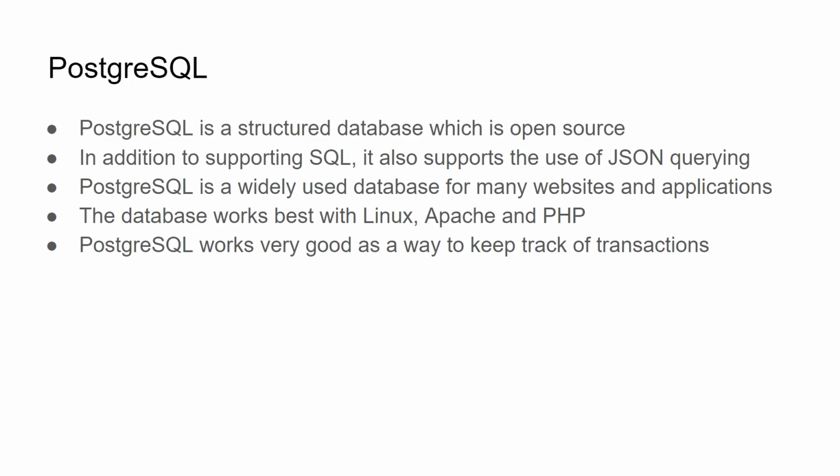PostgreSQL is a structured database which is open source. In addition to supporting SQL, it also supports the use of JSON querying. PostgreSQL is a widely used database for many applications and websites.